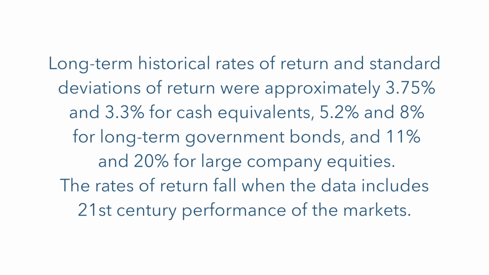Long-term historical rates of return and standard deviations of return were approximately 3.75% and 3.3% for cash equivalents, 5.2% and 8% for long-term government bonds, and 11% and 20% for large company equities. The rates of return fall when the data includes 21st century performance of the markets.